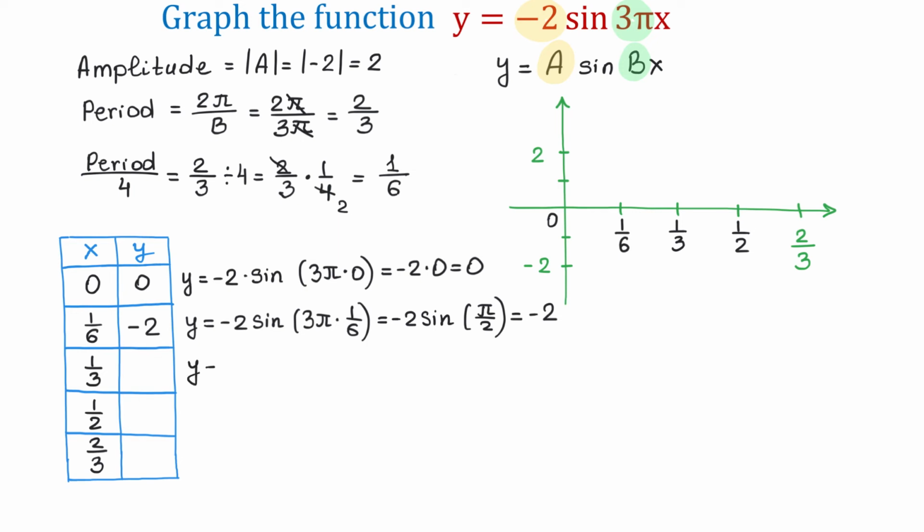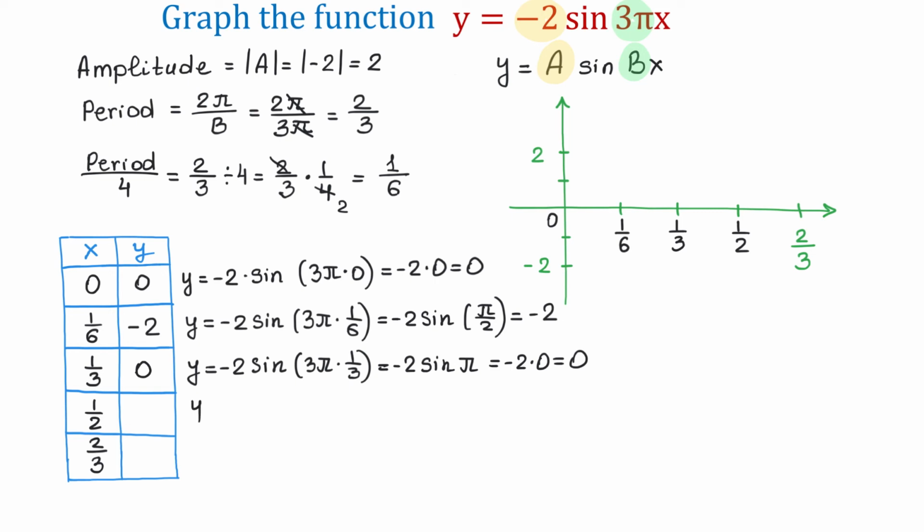Y equals -2 sine of 3 pi multiplied by 1/3. Here 3 and 3 will cancel, and we will have -2 sine of pi, and sine of pi is 0, and -2 times 0 is 0.